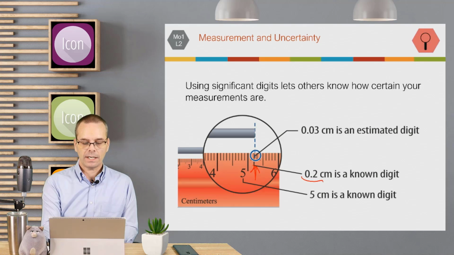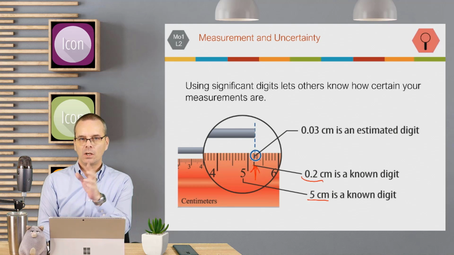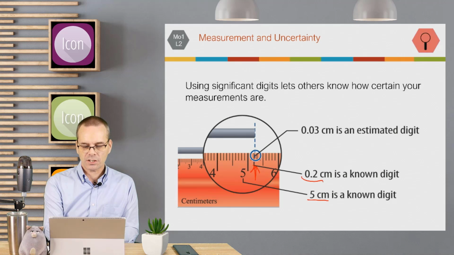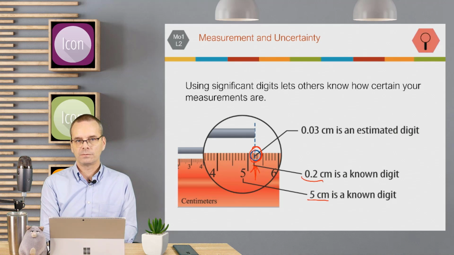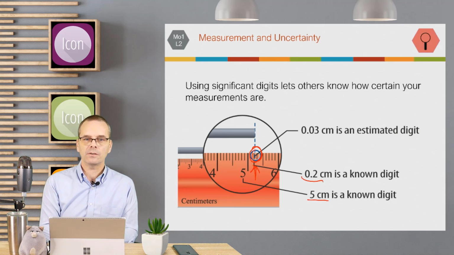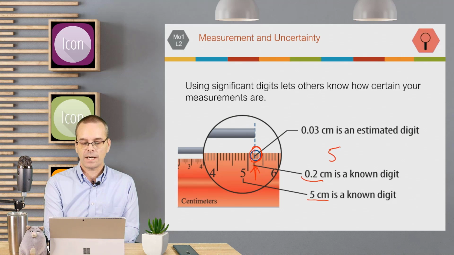We know that 5 is a known digit. We know 5.2. What we're not really sure about is how it's just a little bit over the line of 0.2. So it may be around 0.03 centimeters. So it may be the measurement is 5.23.